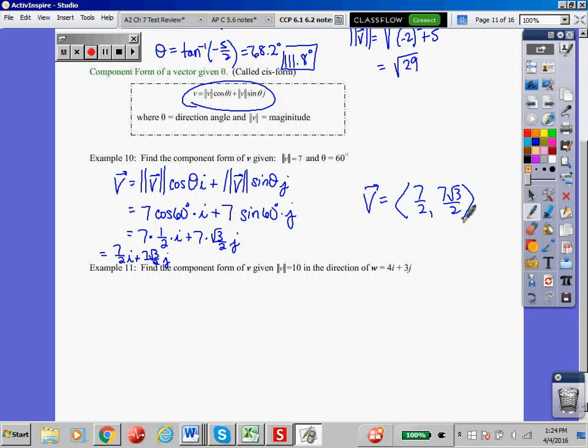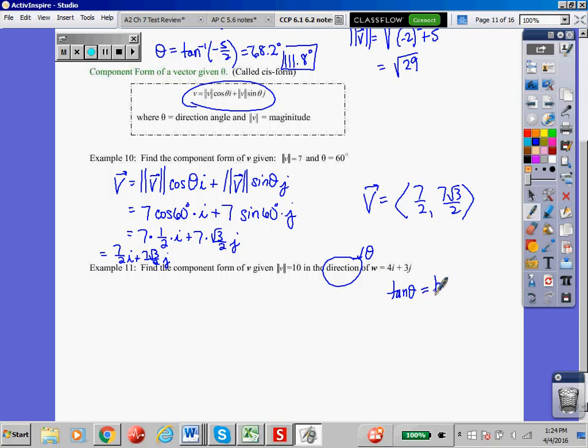All right, example 11 is a little bit more complicated than that. It says, find the component form of vector V if I know the magnitude of V, but it's in the same direction as W. Well, direction is the angle of rotation, okay? So direction is theta. So what I'm going to have to do is find theta, and then I can use the CIS form.